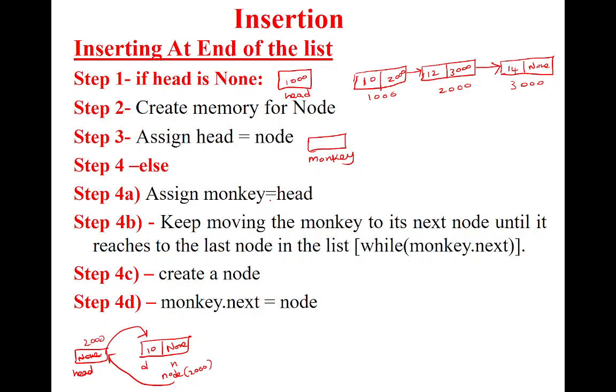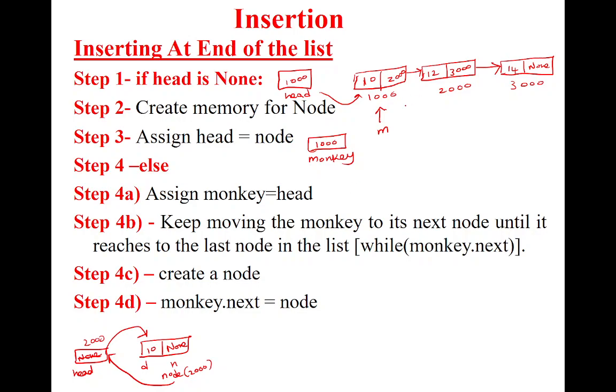So what is monkey initially? Monkey is nothing but the head value assigned to monkey. What is the head value? 1000. Now initially head is pointing to the 1000 node, and monkey is also pointing to the 1000 node. Now we keep moving the monkey to its next node until it reaches the last node.